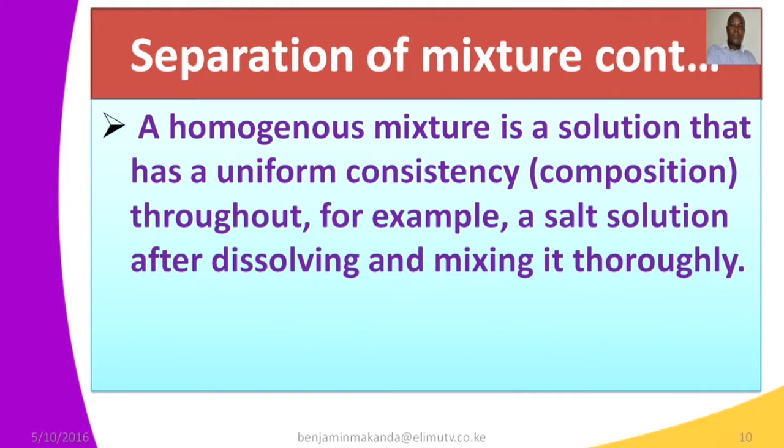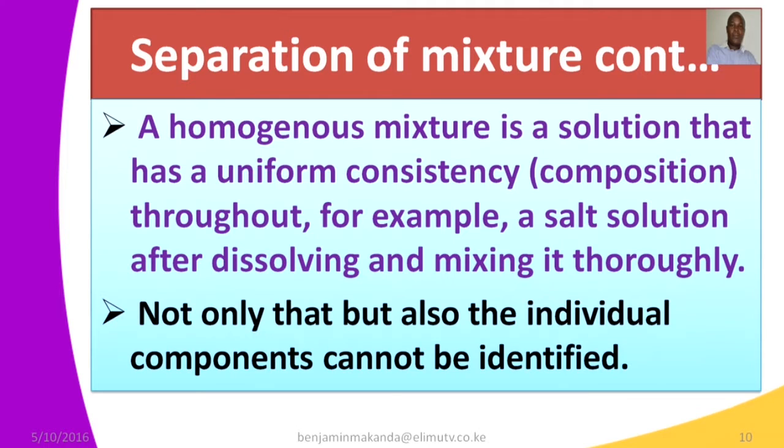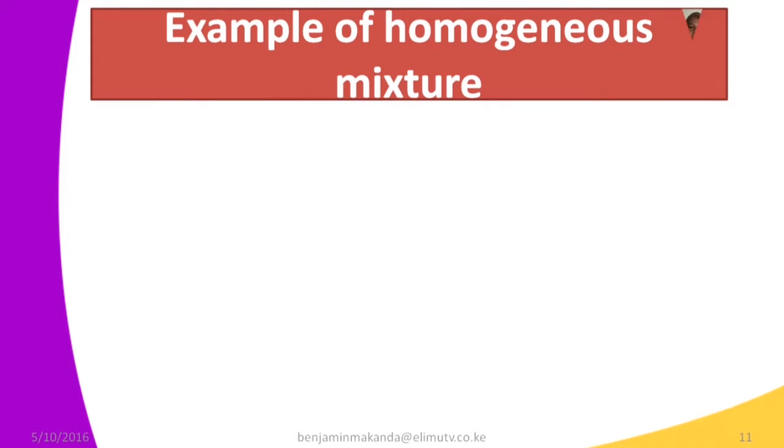Something we have to note about homogeneous mixtures is that the individual components cannot be identified in the mixture. If it is salt particles, you cannot identify them within the mixture because the mixture is uniform. We have a photo here that can help us understand this.